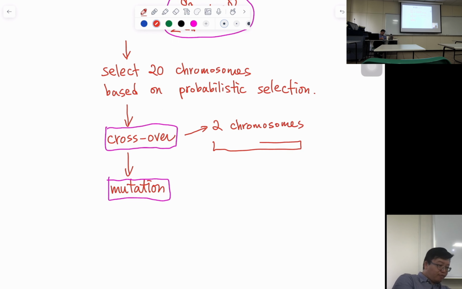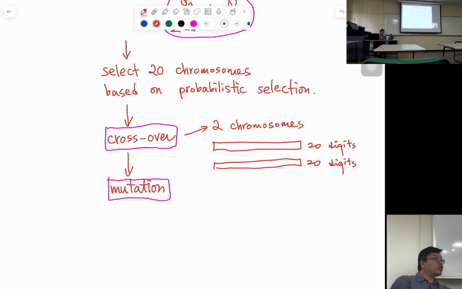So you will have 2 of them. They are all 20 digits. And you're going to use a random number generator. And you will have a pointer. This is a pointer. Okay.